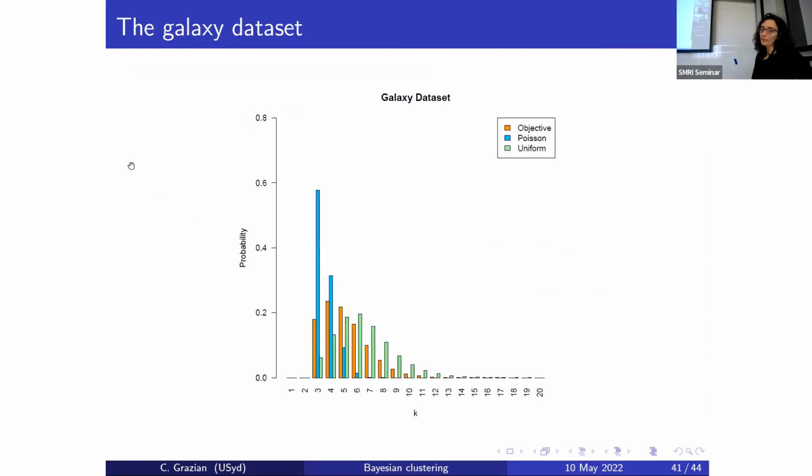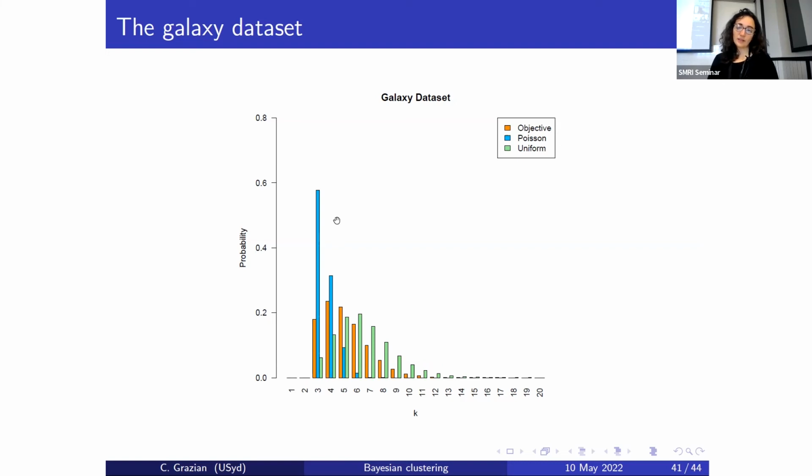If I go back to the Galaxy dataset, you can see that the green one is the posterior distribution for the number of clusters obtained with a uniform prior, which is concentrated around 6 more or less. It means that it assumes 6 clusters. Our prior is the orange one, which is concentrated around 3, 4, 5.